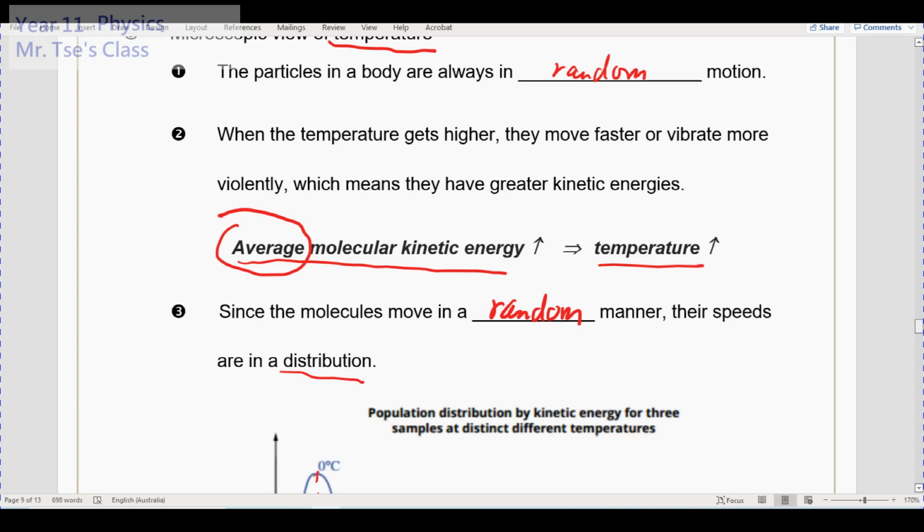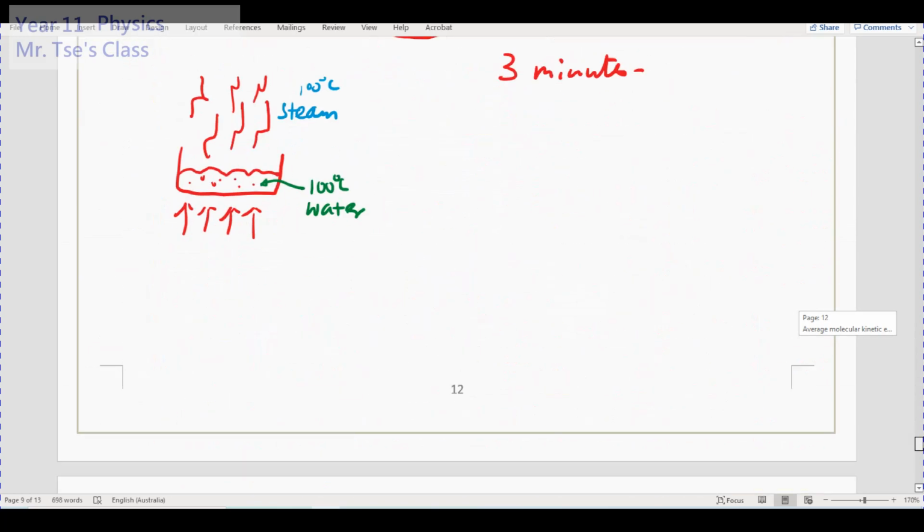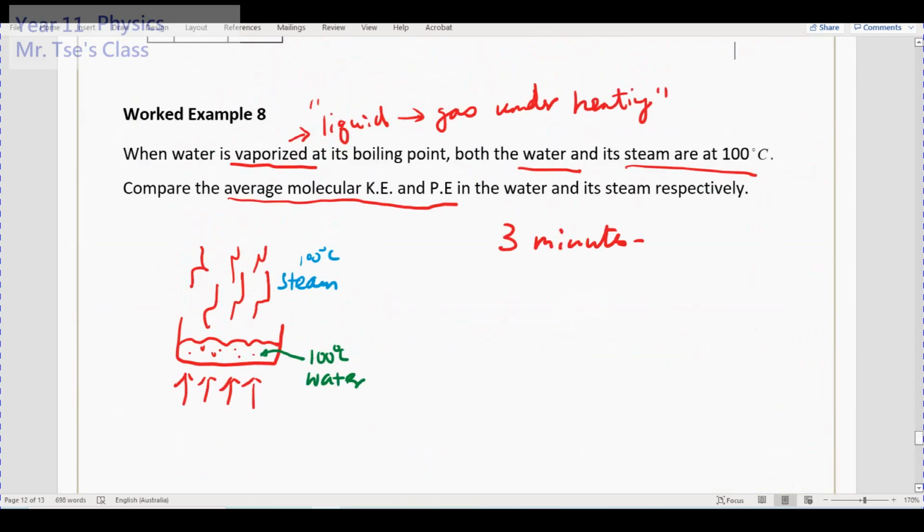Gas normally has higher KE than liquid because at the gas state its temperature should be higher than the liquid. But during boiling, both water and steam are at the same temperature, 100 degrees Celsius, which is a very special case where gas and liquid have the same temperature. So that's the only case where gas and liquid share the same average molecular KE.